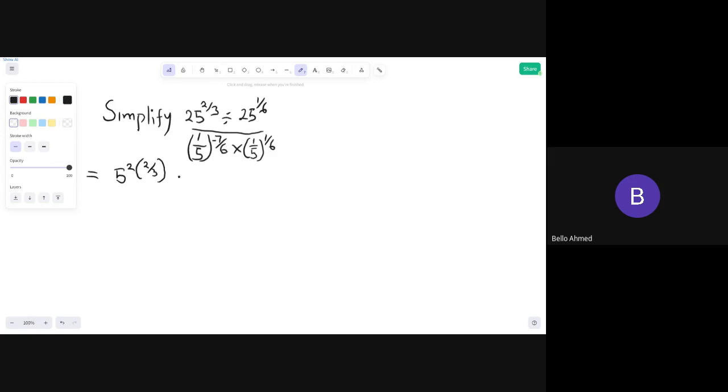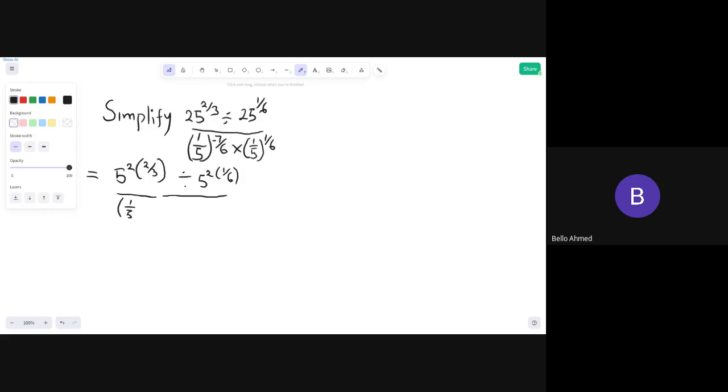Then you put your division. Then you have 25 of what? 5 raised to the power of 2, then brackets 1 over 6, the power that was there before. Then everything divided by 1 over 5. I'm going to rewrite 1 over 5.